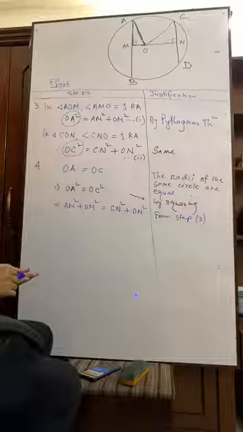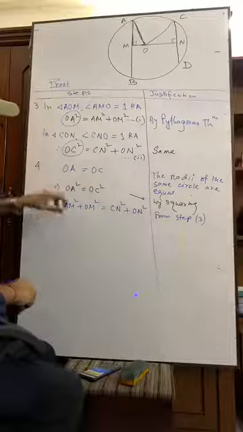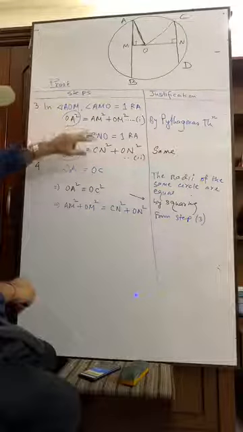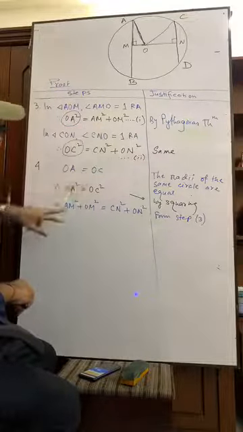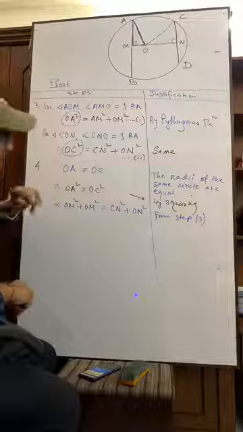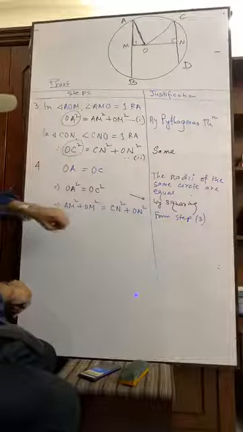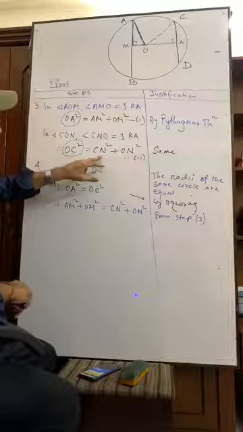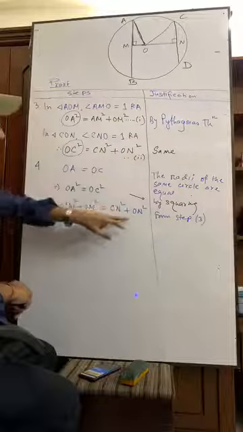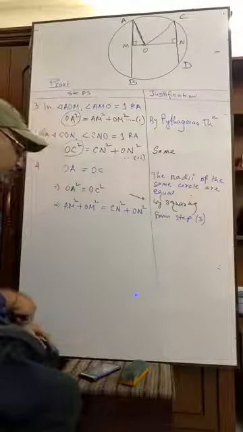Try to understand, I have just put it from step 3. OA square equals AM square plus OM square. In the same way, OC square means CN square plus ON square, as found in step 3.